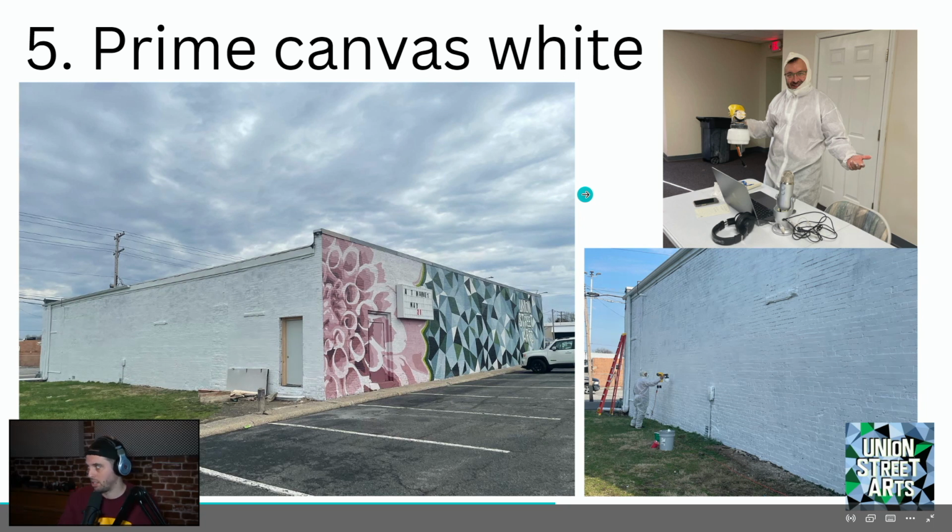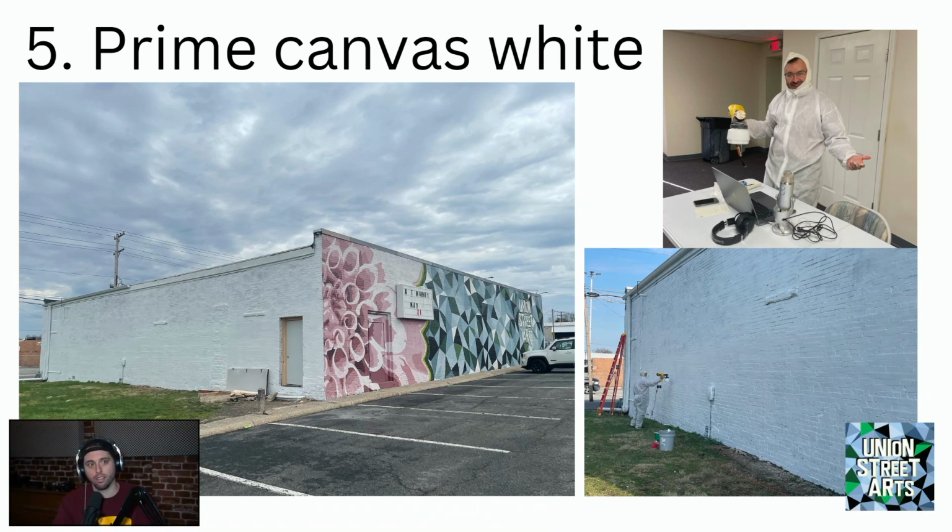I recommend using spray if you can to prep your wall, particularly with brick in my experience, because it penetrates the brick more and it's not so laborious as having to roll and get in every single little crack when you can just spray it all white and get it done pretty quickly. So I really do recommend using a sprayer. That's another piece of gear or tech that will help you in this whole mural process.